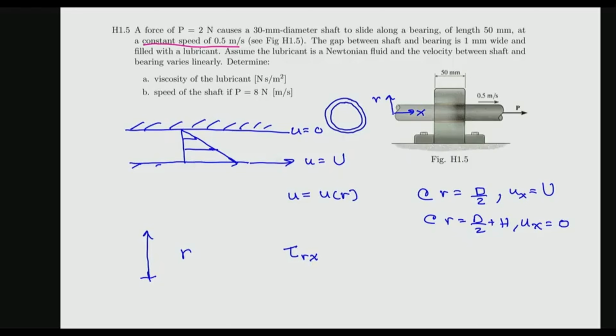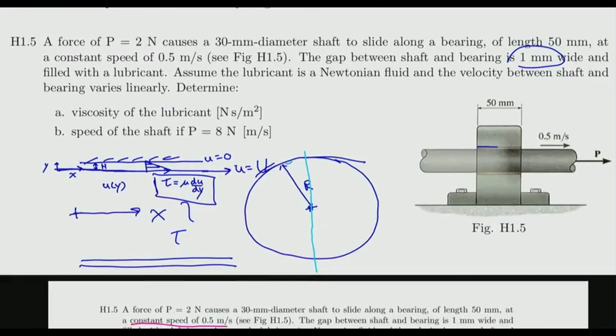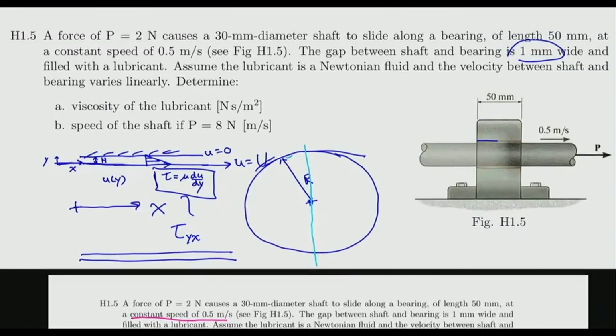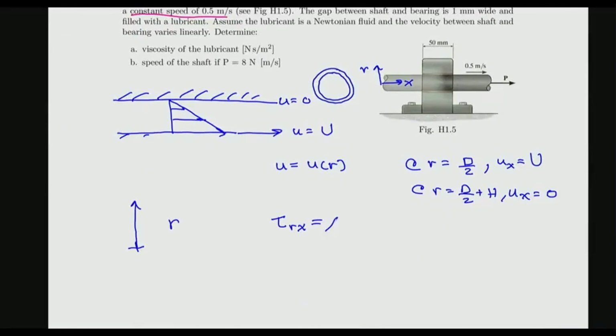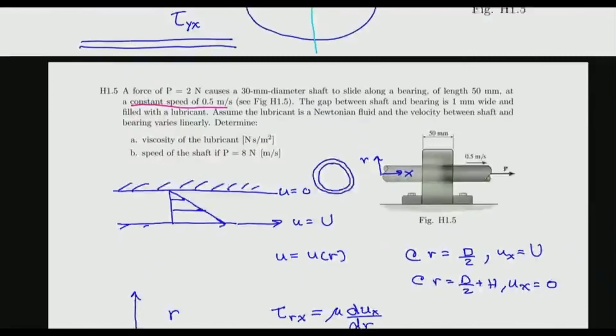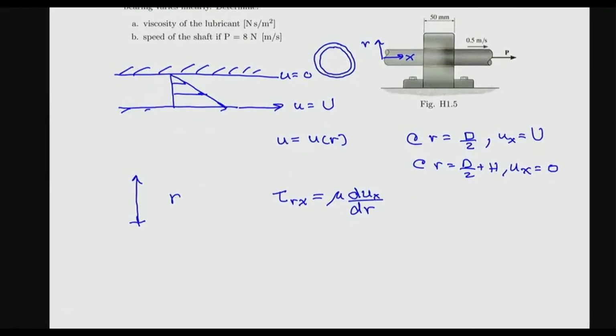Okay? And the shear stress, similar to this, remember this one is tau yx, is proportional to the gradient of the velocity. So it actually looks similar. It would be mu du in the x direction dr. So it's comparable to the expression in Cartesian coordinates. And so if you want to just formally do it in cylindrical coordinates, you can.